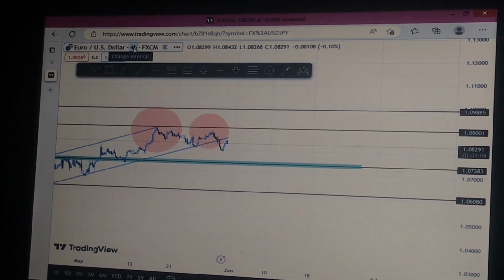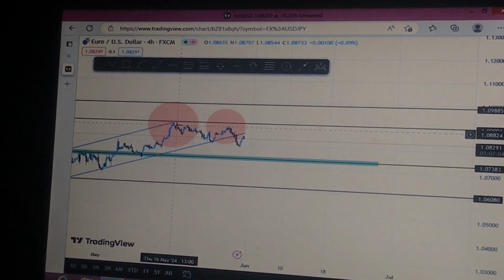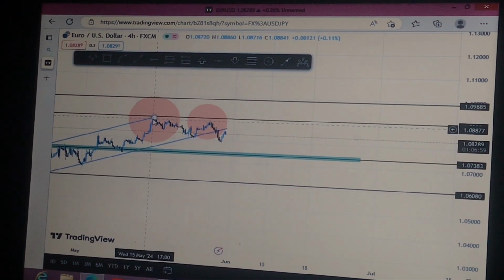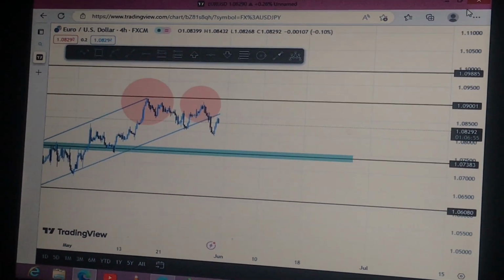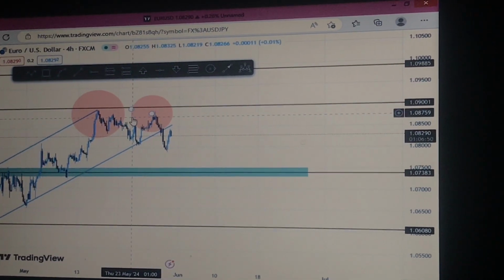I went to my 4-hour time frame. Let me remove this. Okay, let's minimize it. As soon as I got to my 4-hour time frame, the market was here, I think.